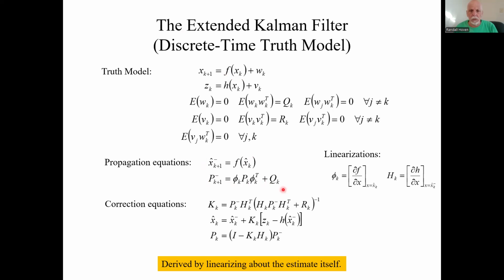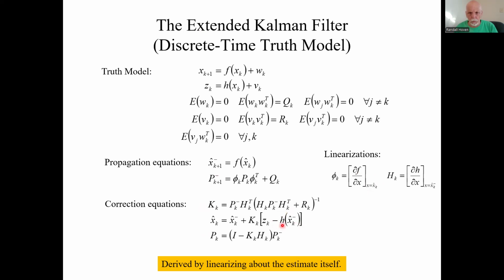Covariance propagation equation looks the same, but this phi is a linearized version. It's this matrix of first partials evaluated at your current estimate. Similarly, your correction equations look pretty similar to the Kalman filter equations. I think this is the only thing that looks different.